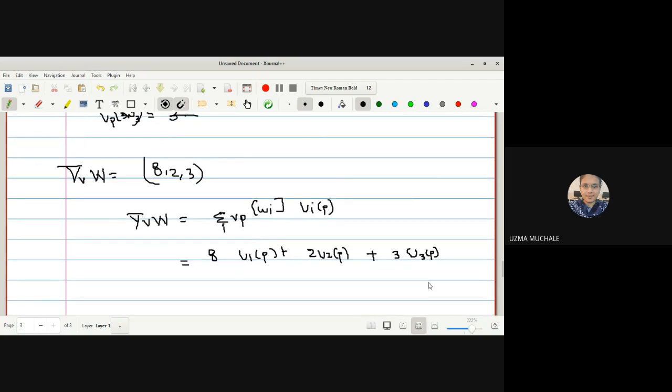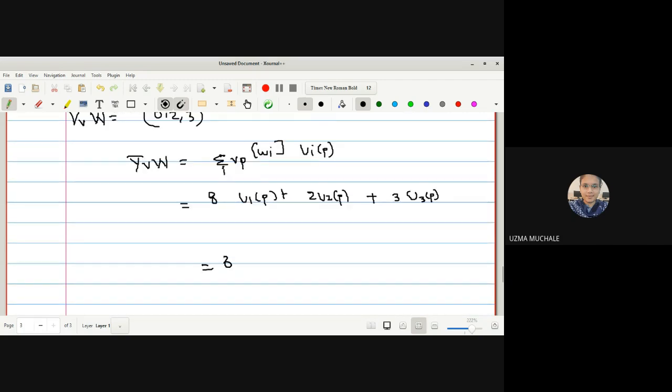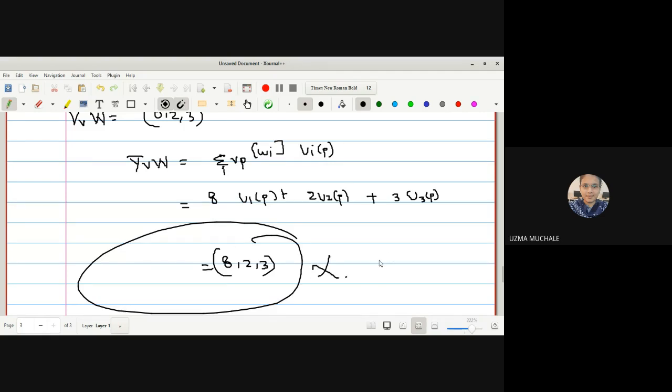And then you can write down again, this is nothing but 8, 2 and 3. So it itself does not have any geometric interpretation. It is simply a point in E3 space. But its coordinates, that is 8, 2 and 3, will give you the directional derivative of Wi.